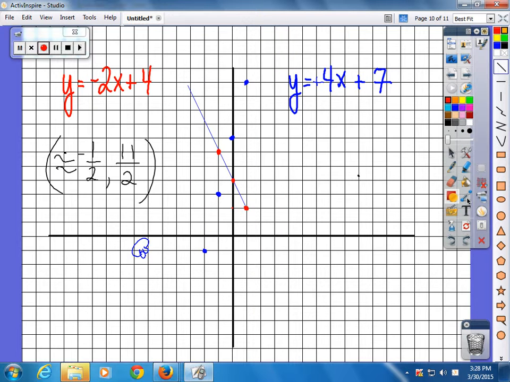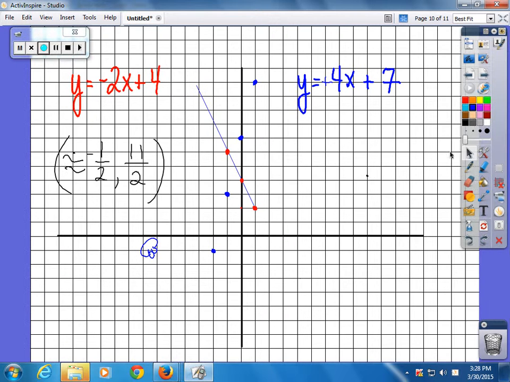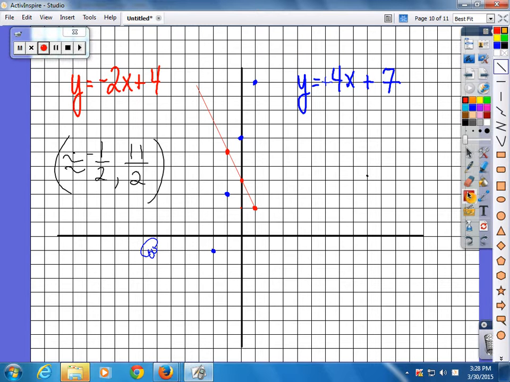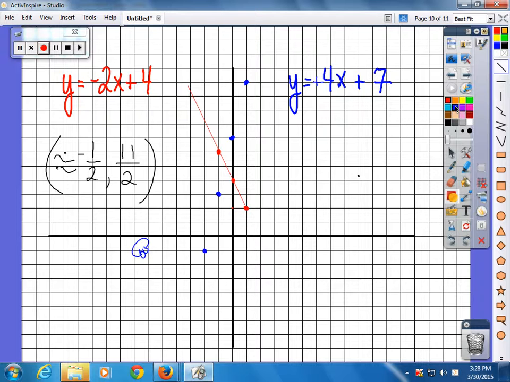Now I need to change this one blue. Close enough. Now that one I would say 5.